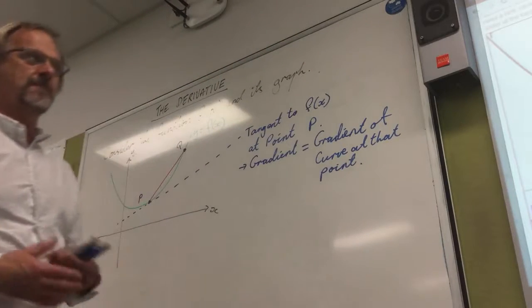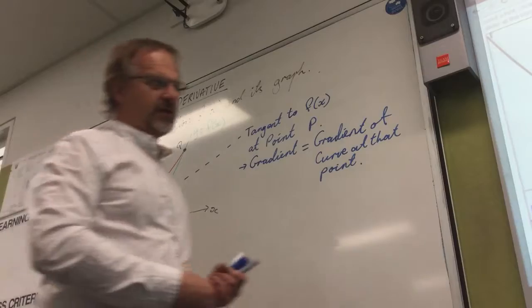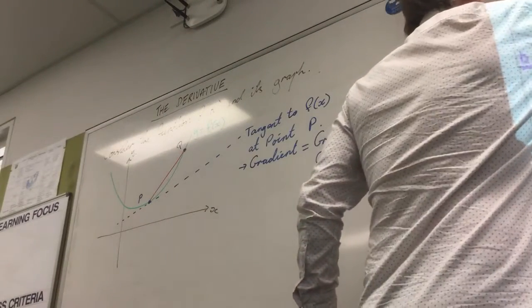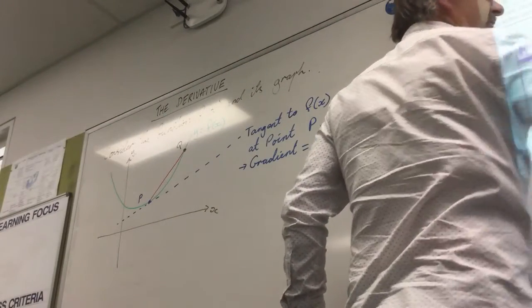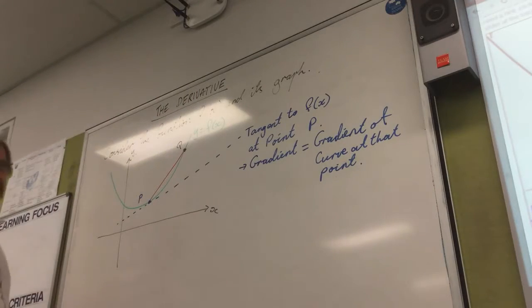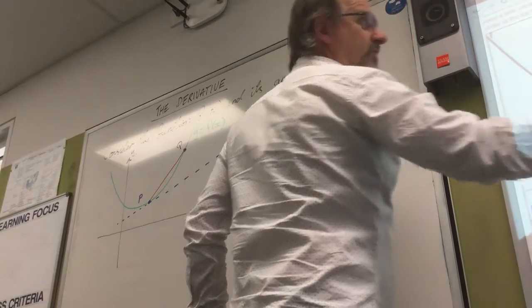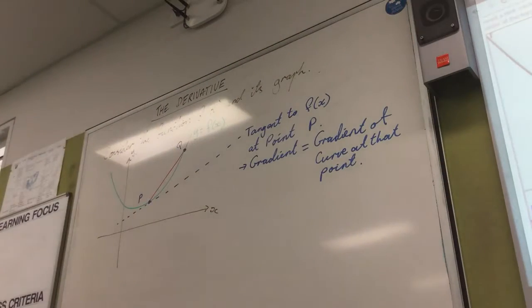There we are. So, I've got the tangent at point P. There it is, that blue line. And the red line is the line that goes through those particular points. And you can see on the screen here that the gradients of them are not really the same.